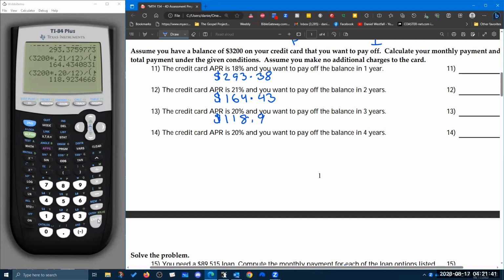Again, we should be rounding up here, but we're not going to. We're going to use regular rounding rules. Really, this should be 164.44. If we're using the banking rules, this should really be 118.93, so that we pay off all of our debt in at least this amount of time. Otherwise, we're going to have a little bit left at the end of 3 years if we don't pay that extra penny each time.